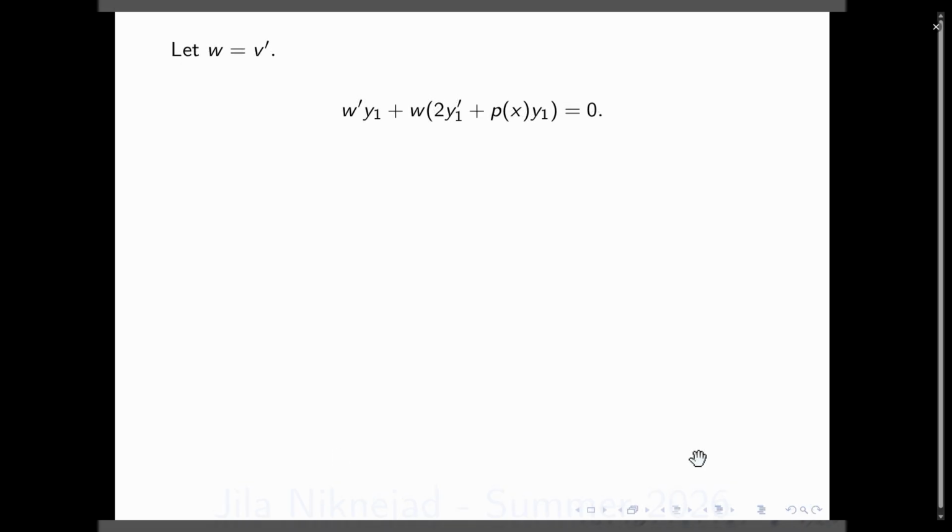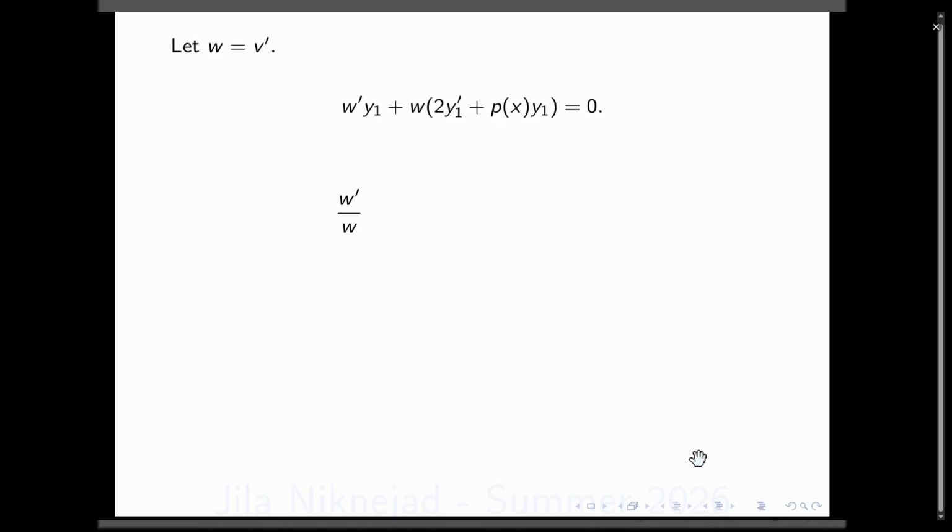So the equation becomes w'y1 + w(2y1' + p y1) = 0, where w = v'. This is a first order linear equation for w.